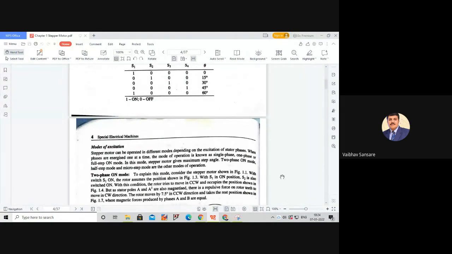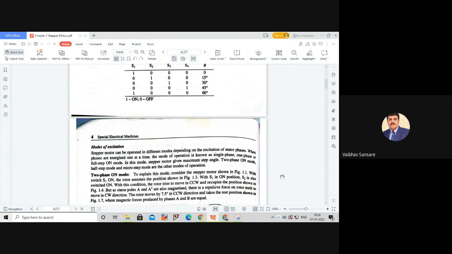In this particular mode, the stepper motor gives the maximum step angle for which the motor is designed. Now there are some alternate modes of operation by which we can change the position of the rotor with either full step angle or half step angle.